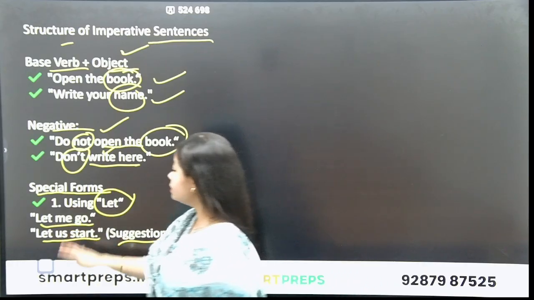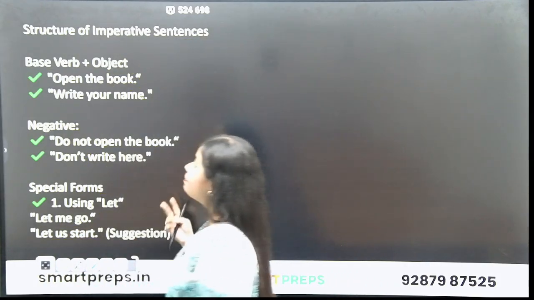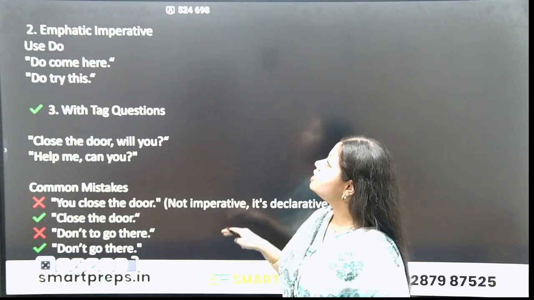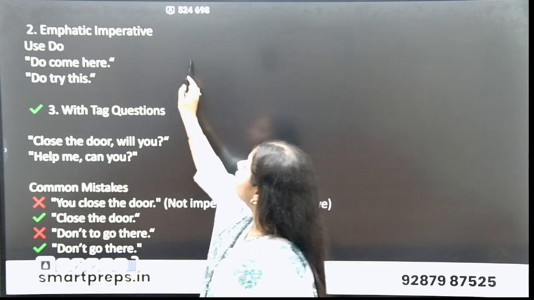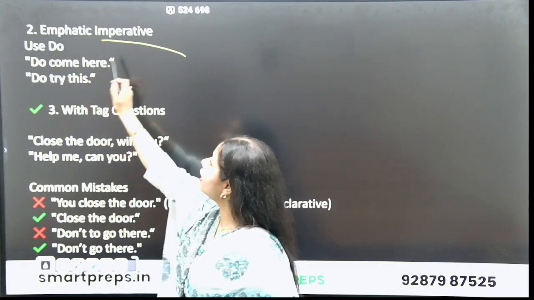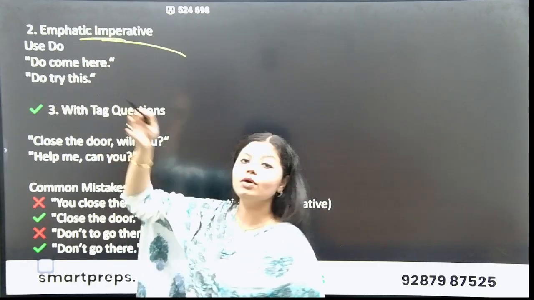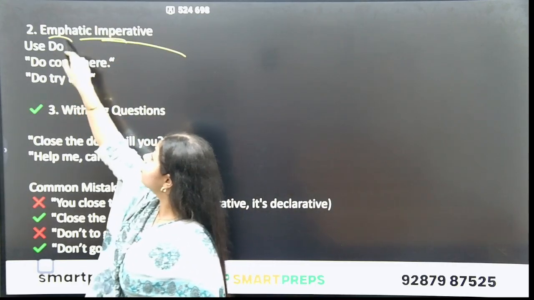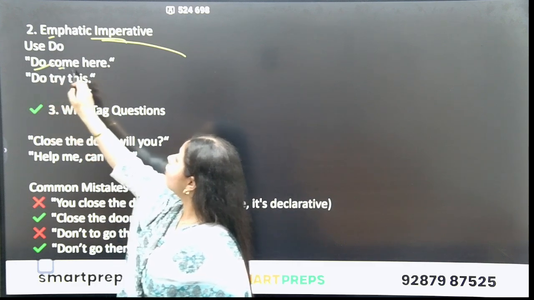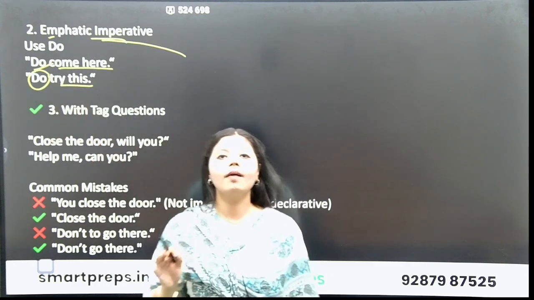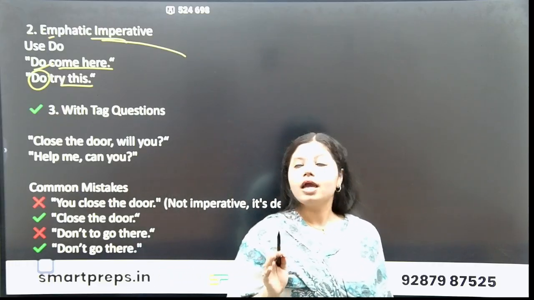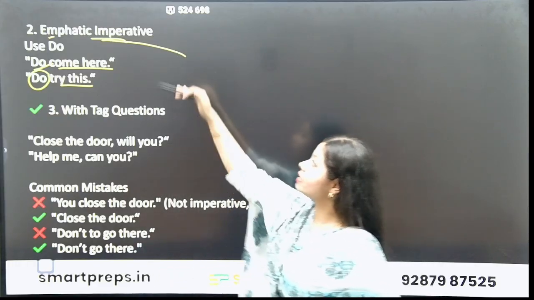Next, special form is what you know? Emphatic imperative, using "do" here. So, do come here, do try this. This is emphatic imperative.